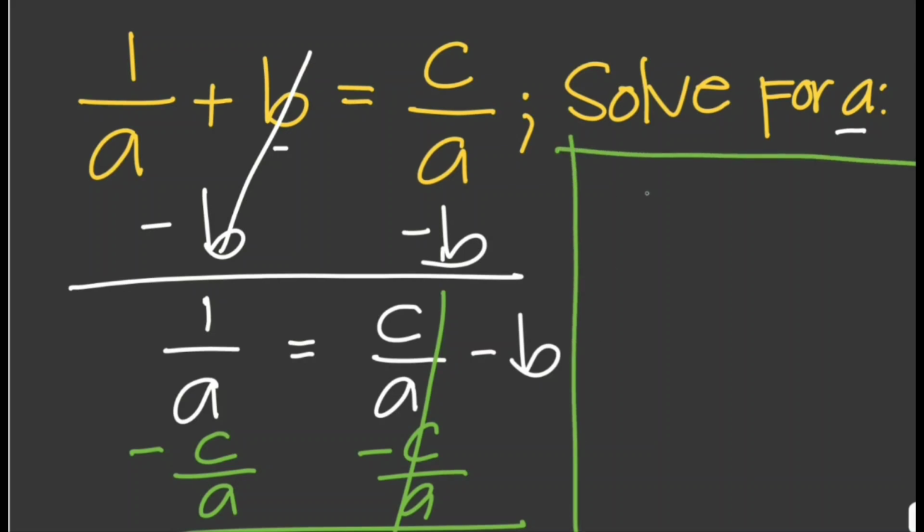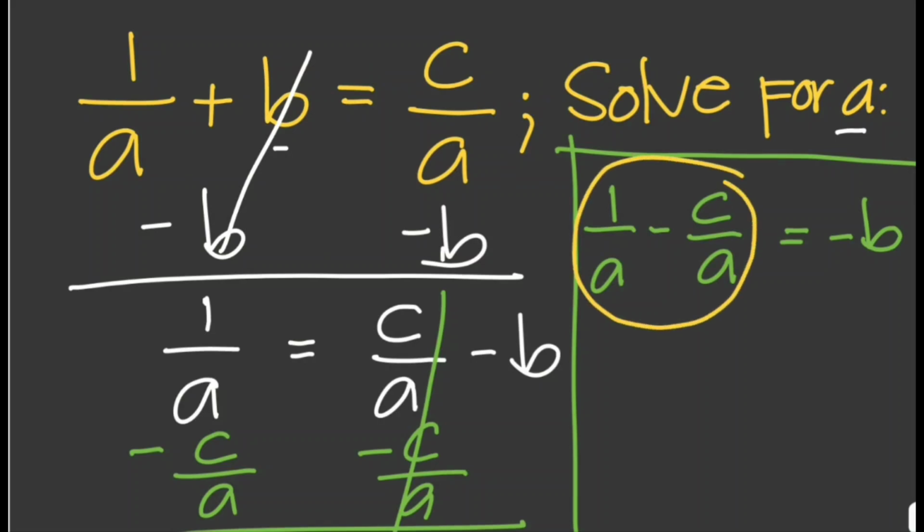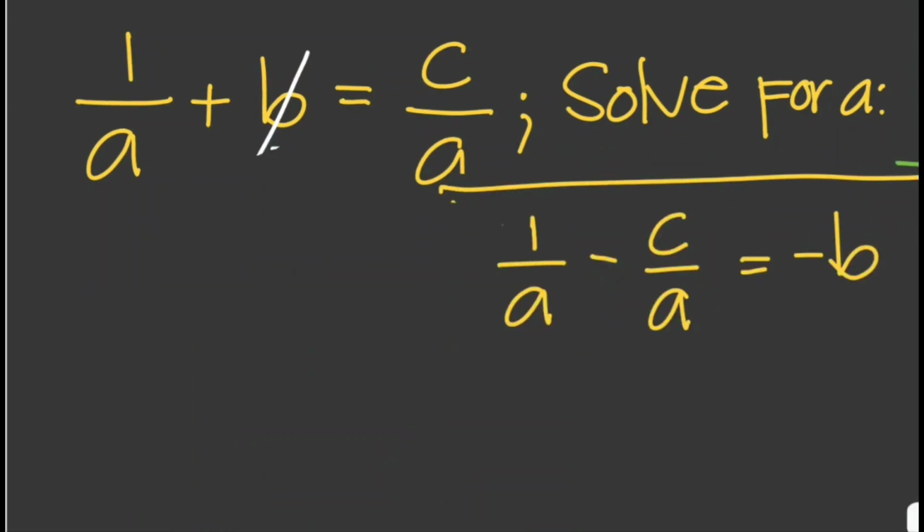Then we have 1 over a minus c over a equals negative b. Now we can solve this. We have the same denominators, so we can just get a as our common denominator, and then simply subtract the numerators, which is 1 and c. 1 minus c over a equals negative b.